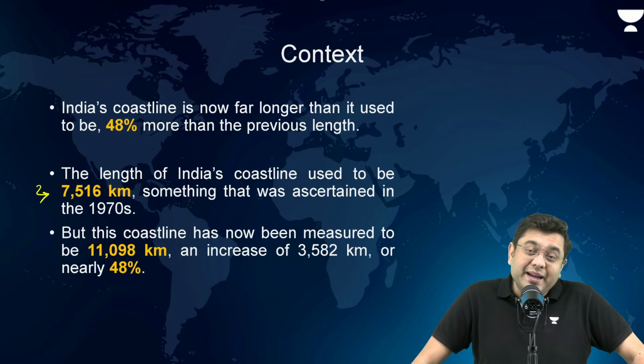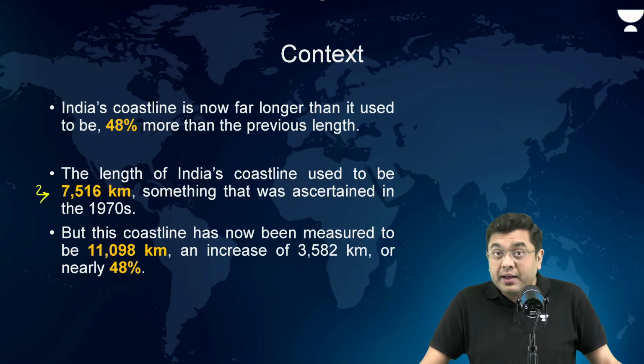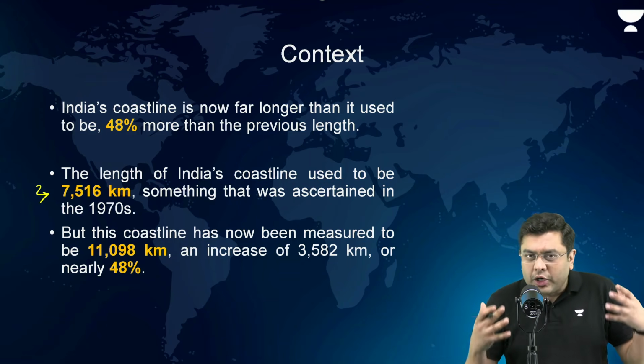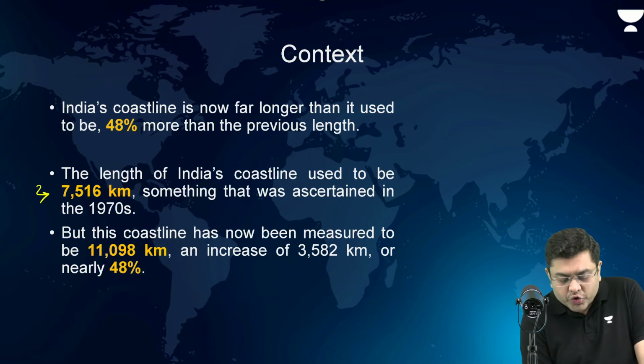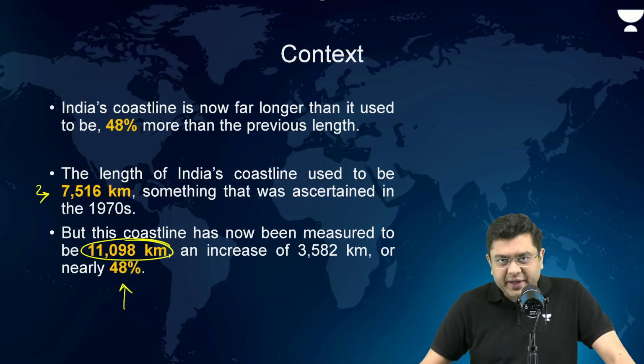But the latest GIS based mapping systems and a more micro scale level of understanding have given us a clue that the coastal length of India is close to around 11,100 kilometers, marking an increase of 48%.